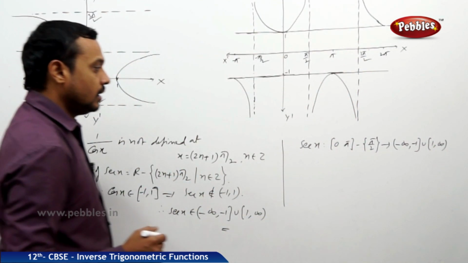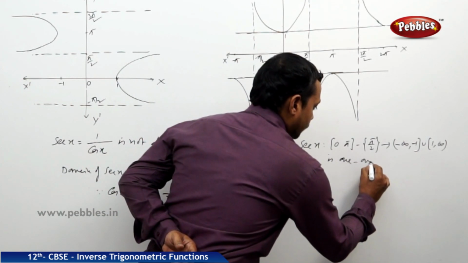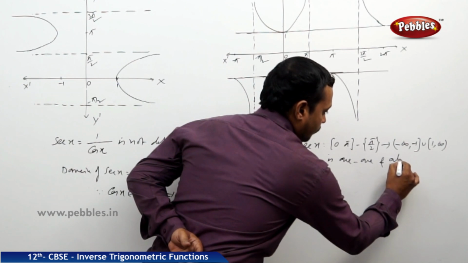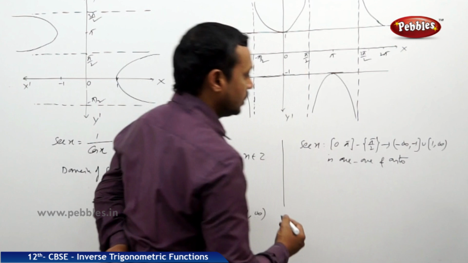Now in that interval, secant x is a 1-1 function as well as an onto function.